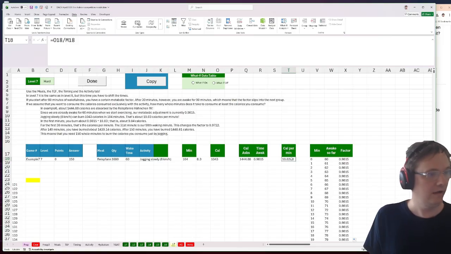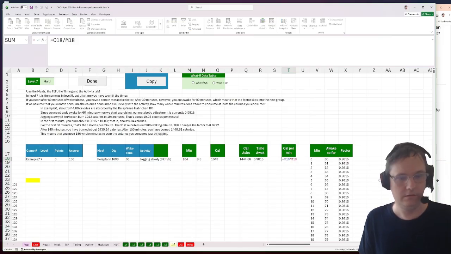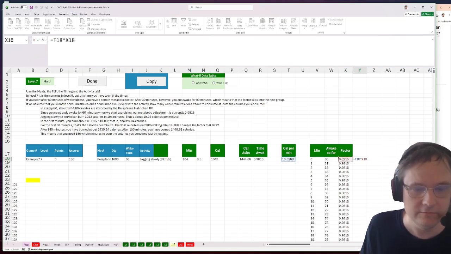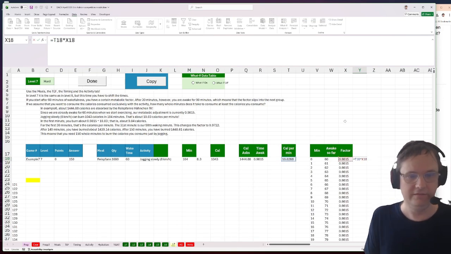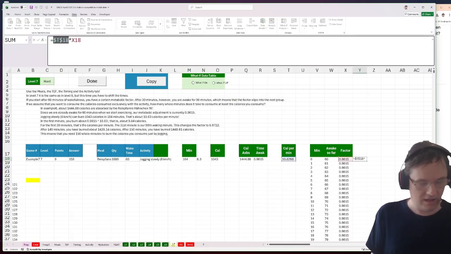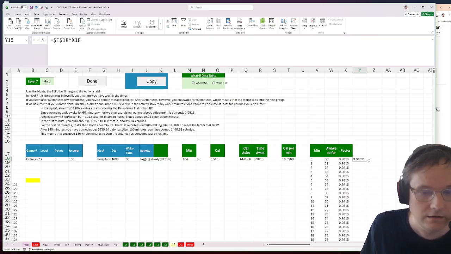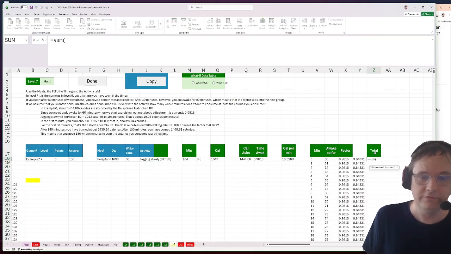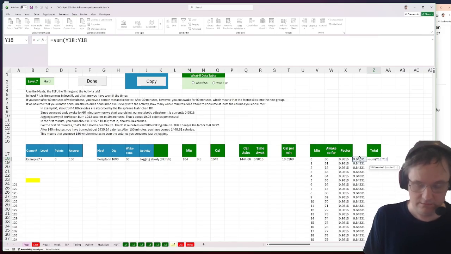So now the calories per minute is there, so equals this times this with the T18 locked. Total is this.